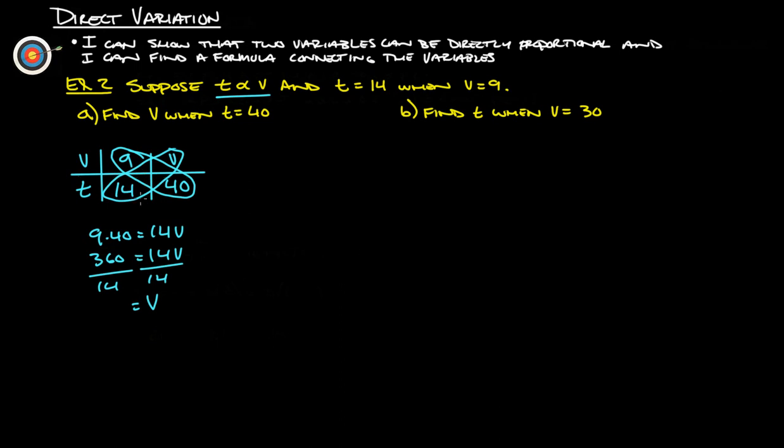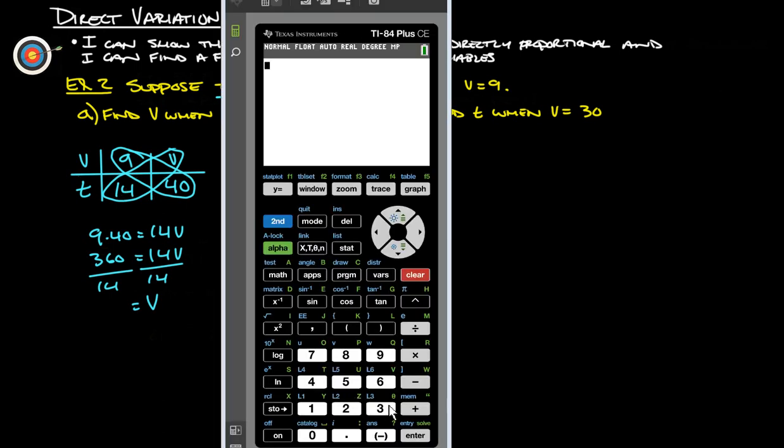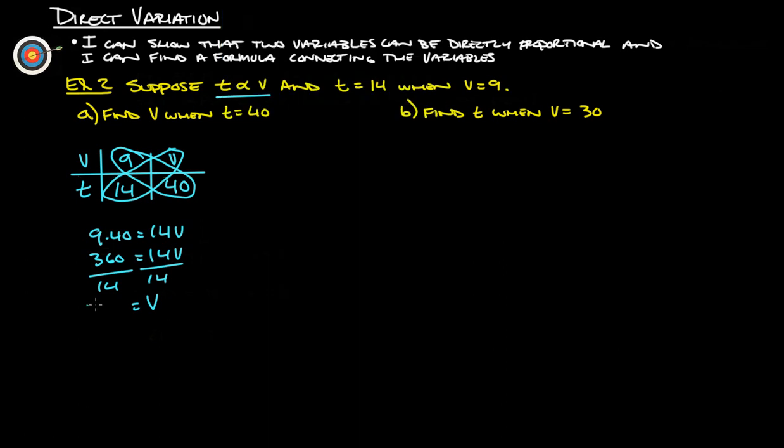Instead of having to figure out what you have to multiply 14 by to get to 40 and all that kind of stuff, we can just go quickly by doing our cross multiplying. So if we take 360 and divide it by 14, we get 25.7.